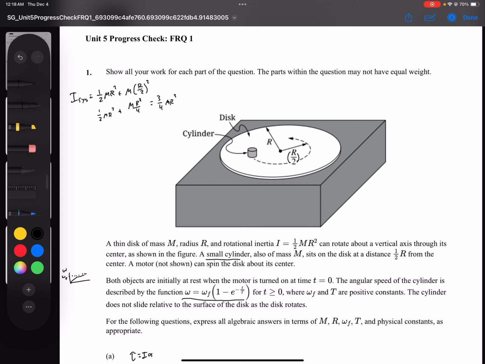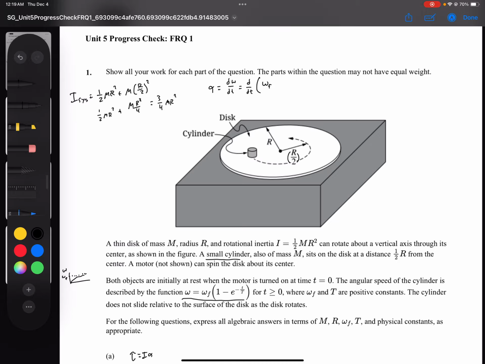Okay. Now for the angular acceleration, we have a function for angular velocity. To get angular acceleration, we need to take the derivative of the angular velocity with respect to time. And I'll do that now. So d over dt. When doing the derivative, I'm just going to distribute this omega f term, just so it's more clear as to what's going on.